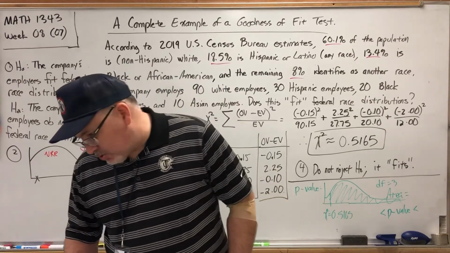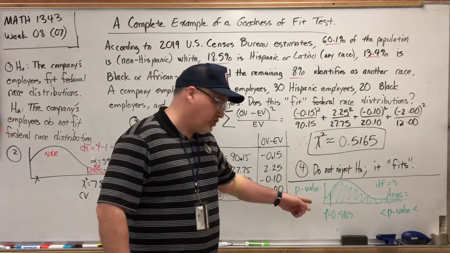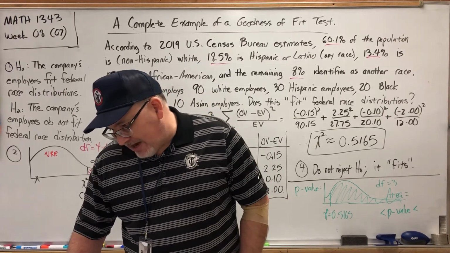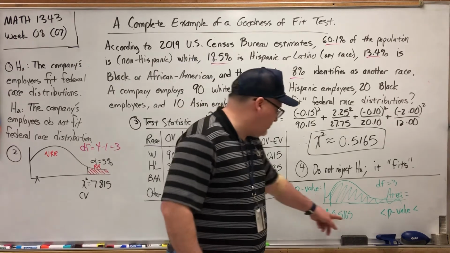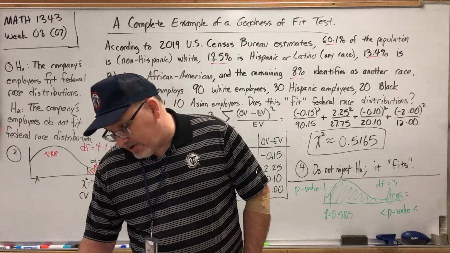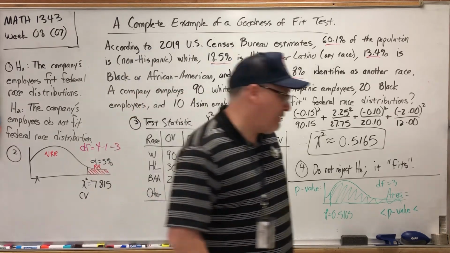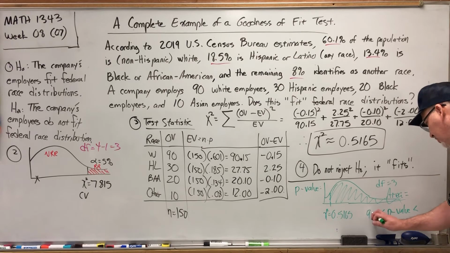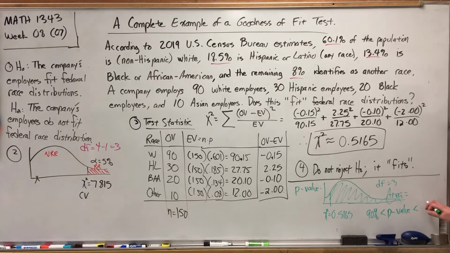And there is a chi-squared of 0.584, which is greater than that. Those 2 chi-squared values that bound this have right tail areas of 95% and 90%. That means our p-value is between 90% and 95%.